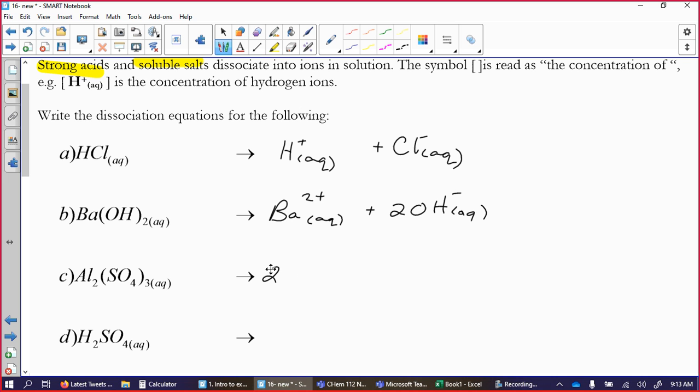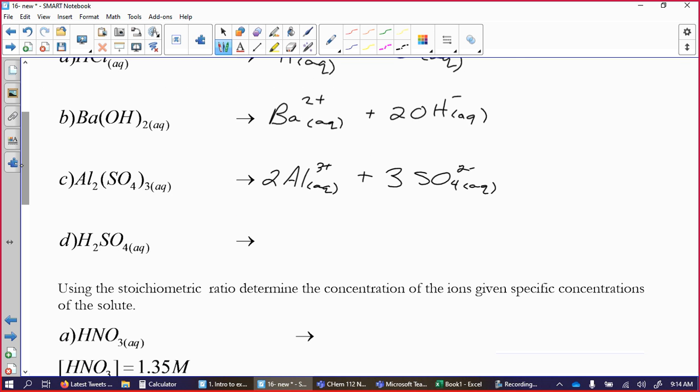Aluminum sulfate: 2 aluminum 3 plus ions plus 3 sulfate 2 minus ions. Sulfuric acid. This is one. You get more or less 2 H plus ions, and whoever teaches you Chemistry 12 will explain why I say more or less, but effectively it's 2.